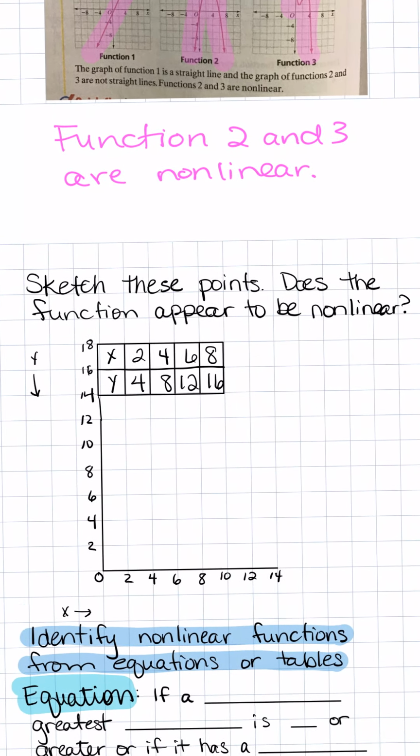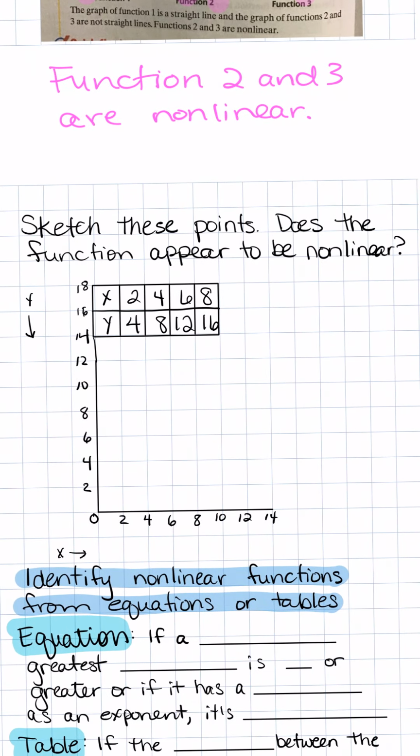Okay. So sketch these points. Does the function appear to be nonlinear? So this is x going this way. This is y. Okay. So x is 2, y is 4. X is 4, y is 8. X is 6, y is 12.